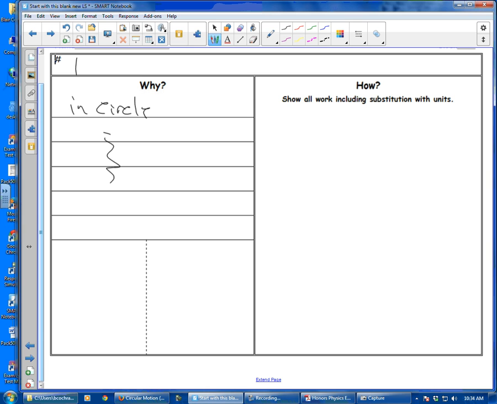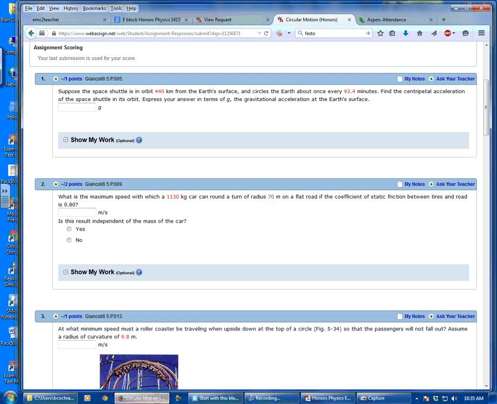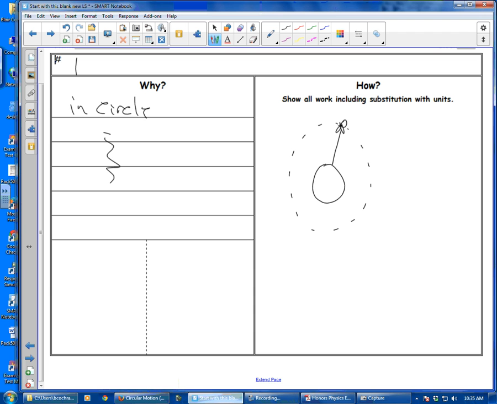Here's our happy little satellite, and it's going in this circle like this, and the Earth is here in the center, and they tell us that this distance here is 440 kilometers from the surface, and they want to know the centripetal acceleration.